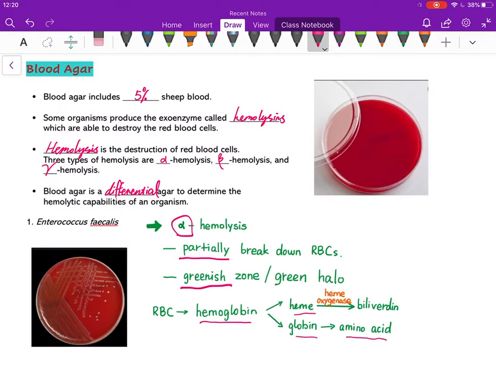The leftover heme molecules are toxic to the body, so they must be broken down. There is an enzyme called heme oxygenase, which can convert the heme molecule to biliverdin, which is a green pigment molecule. So this is the reason why alpha-hemolysis presents a greenish zone or green halo on the blood agar.